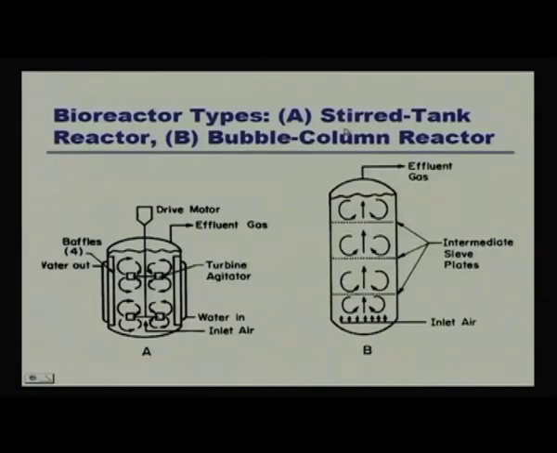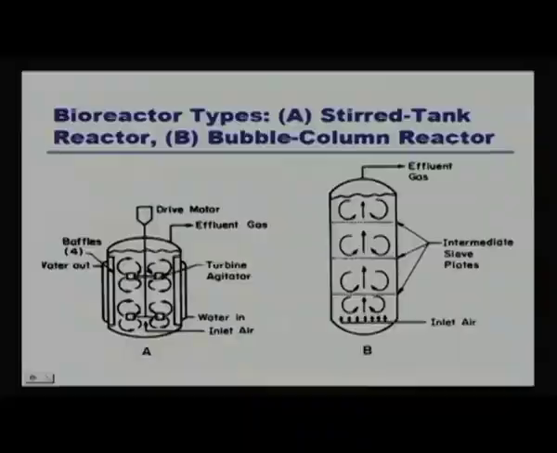Now, when we are talking about the bioreactor, we mainly talk about the stirred tank reactor or bubble column reactor or some other type. In the stirred tank reactor, the main objective is that aeration is there and we put an impeller for uniform distribution of oxygen throughout the medium.